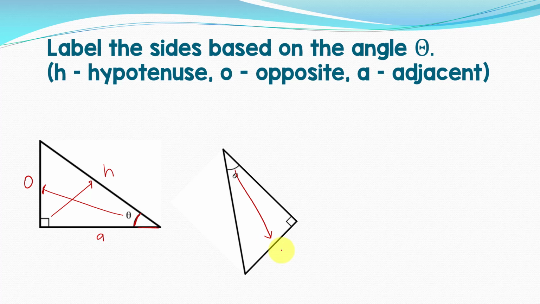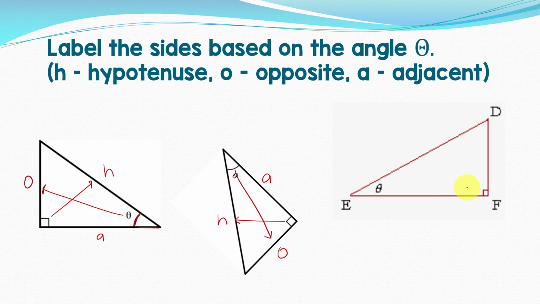Across is opposite, across from the right angle is the hypotenuse, and touching is the adjacent. Let's look at one more. Hypotenuse is across, opposite is across, and adjacent is touching.